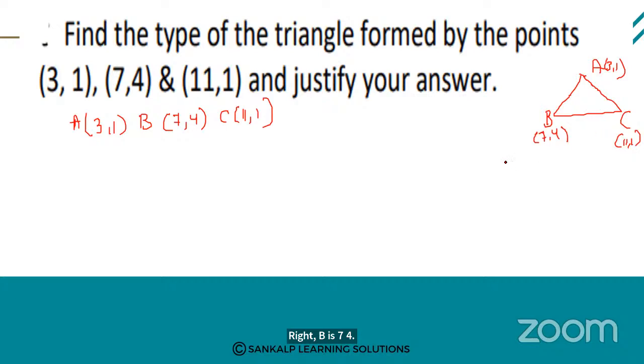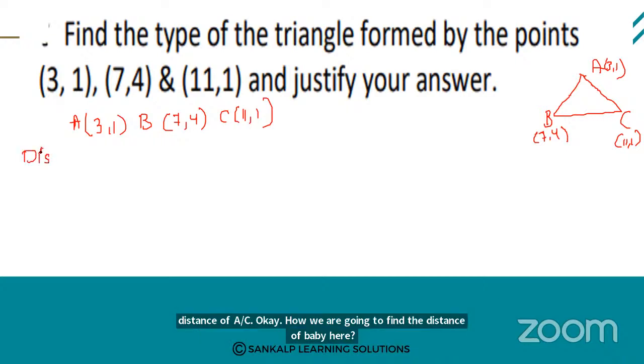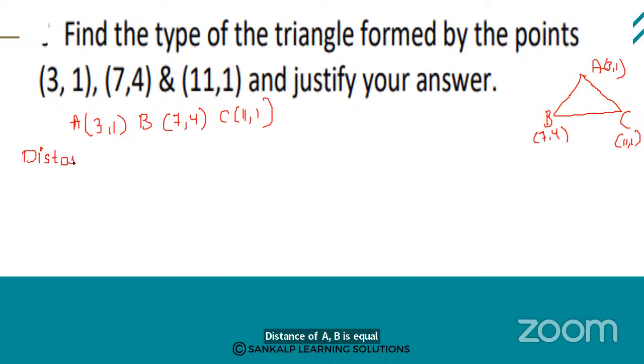Okay, now what we are going to do here, we will find the distance of AB, distance of BC, and distance of AC. How are we going to find the distance of AB here? We will apply the distance formula.